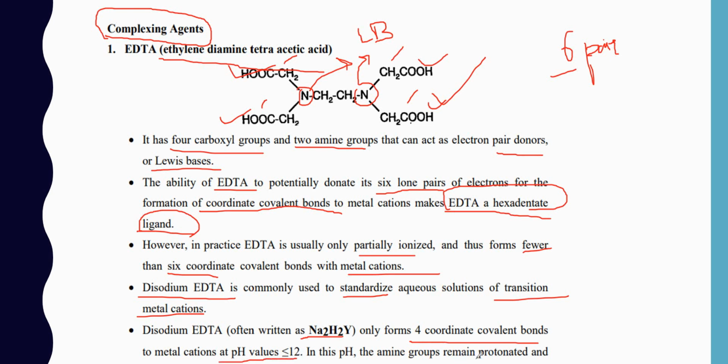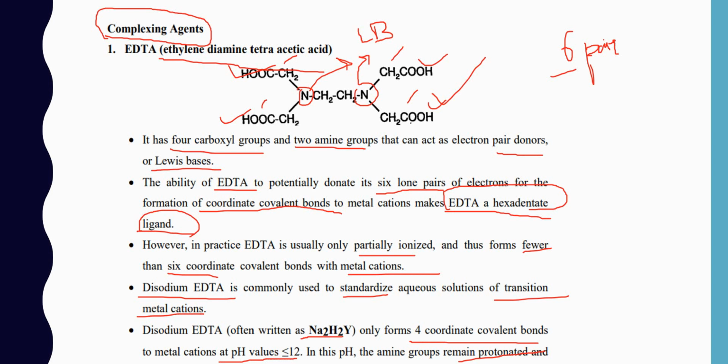At this pH, the amine groups remain protonated and unable to donate electrons to the formation of coordinate covalent bonds. So disodium EDTA has the ability to form 4 coordinate covalent bonds, which means it can donate 4 pairs of electrons. Only EDTA can donate 6 pairs of electrons, but disodium EDTA can only donate 4 pairs of electrons.